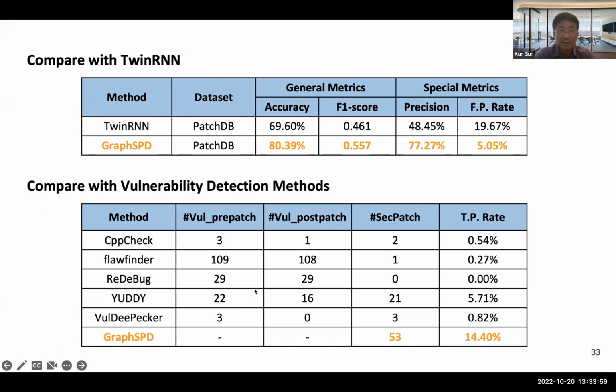If they are doing a good job, they should identify the vulnerability in the pre-version, and they should not detect it after it is fixed in the post-patch. The result is we can find more security patches than all those previous existing works.